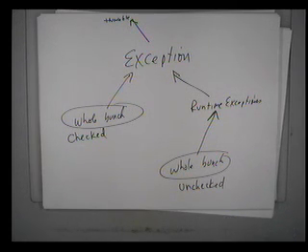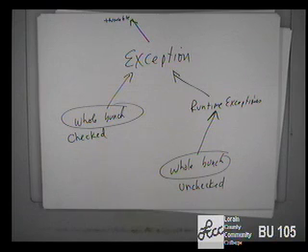They said that you should throw checked exceptions if you think that the client has a reasonable chance to recover from it. For example, we might have a GUI that allows us to create an automobile class, and we might try to set its miles per gallon to 200 miles per gallon.